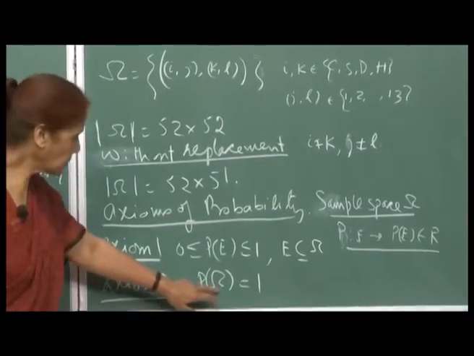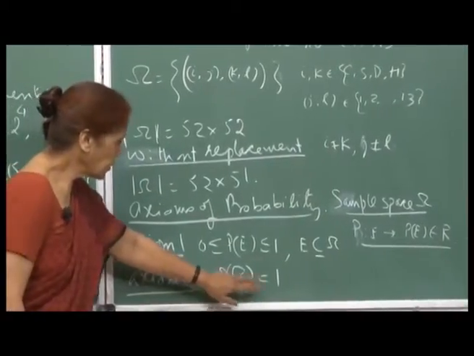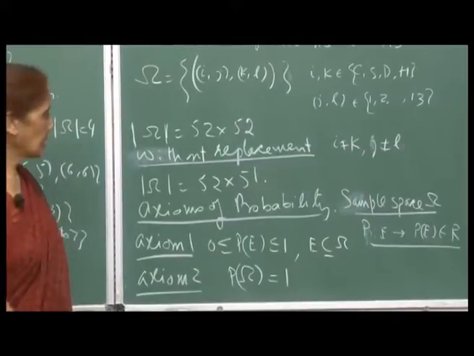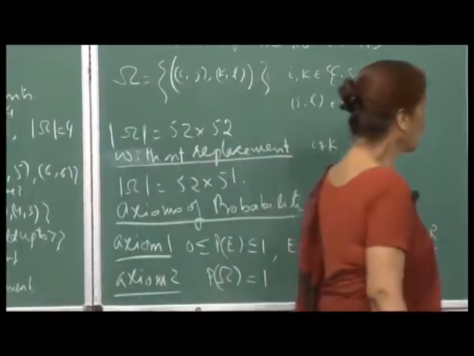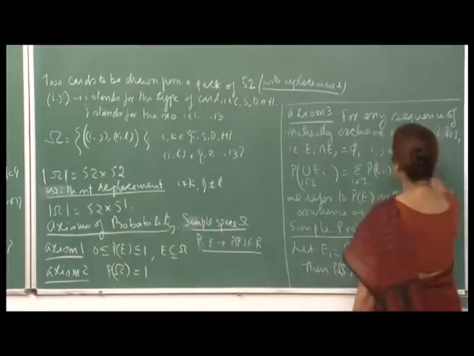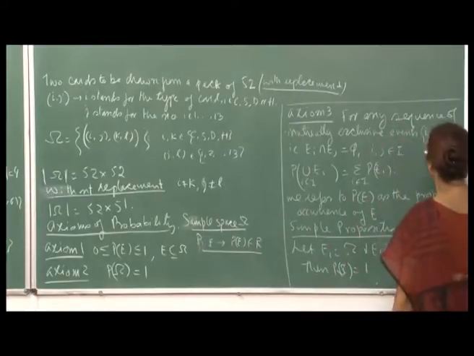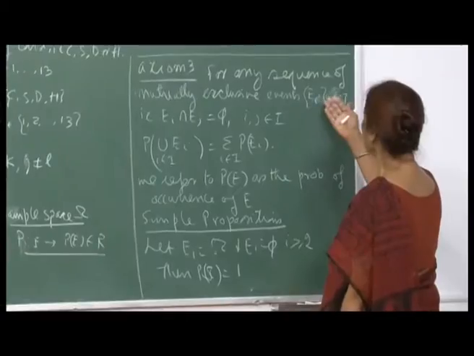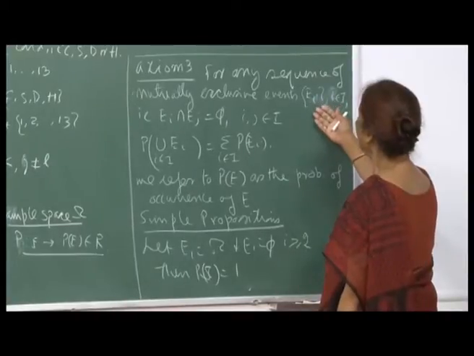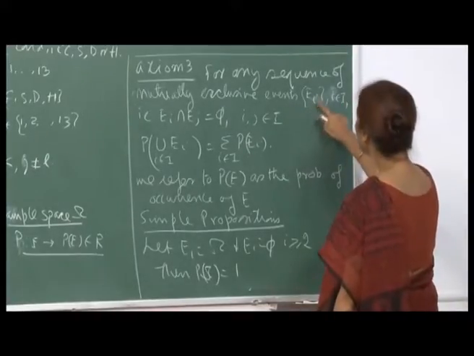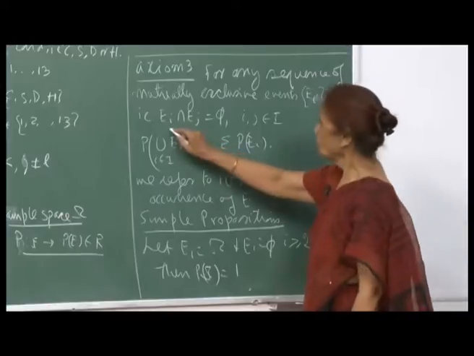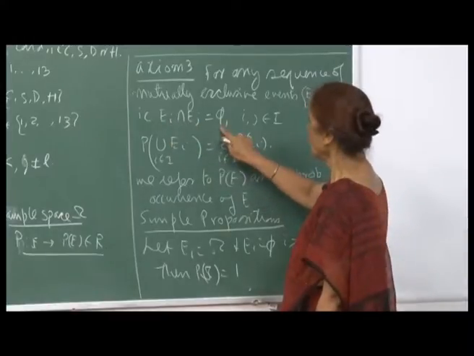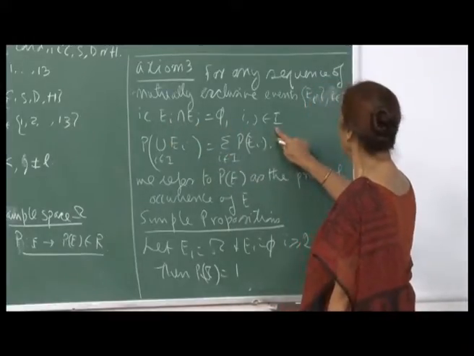Then for the whole sample space, P(omega) should be 1, right. And axiom 3 says that for any sequence of mutually exclusive events, that means you take any collection of events E_i, subsets of omega, such that E_i intersection E_j is empty for all i, j in I, right.